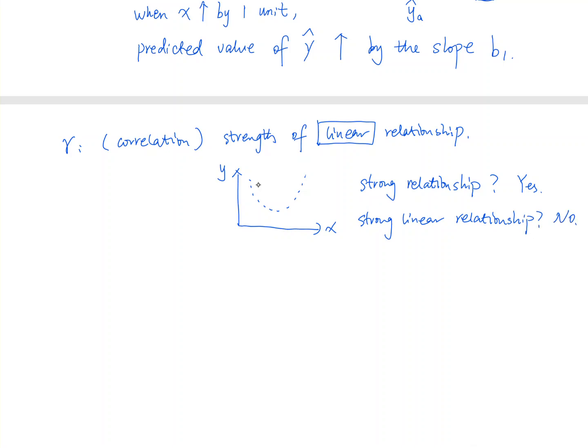Alright, so that means this part is decreasing, this part is increasing. So overall, you cannot determine it is decreasing or increasing, right? So there is no linear relationship between these two variables. So for this case, if you calculate the r for this relationship, it will be very close to 0.